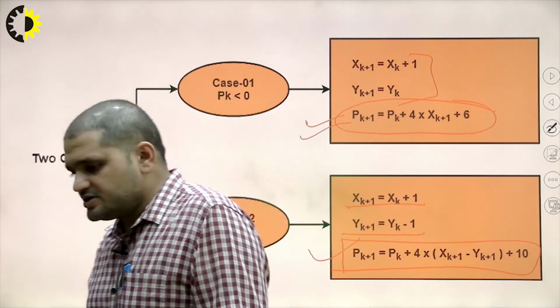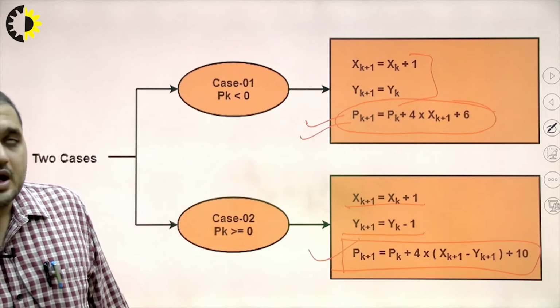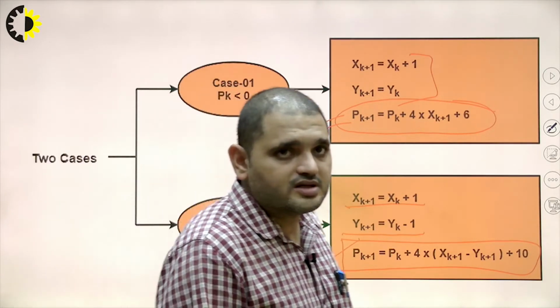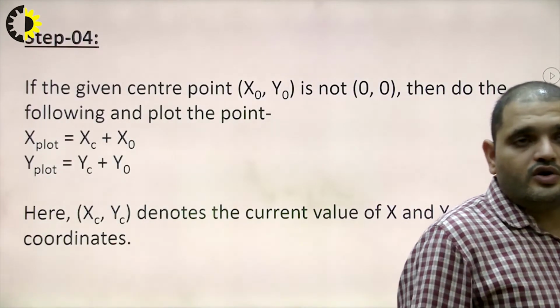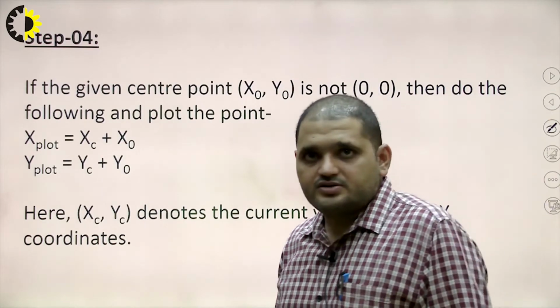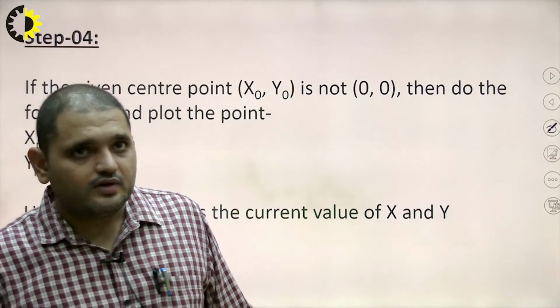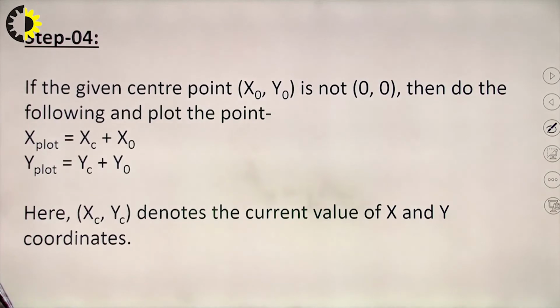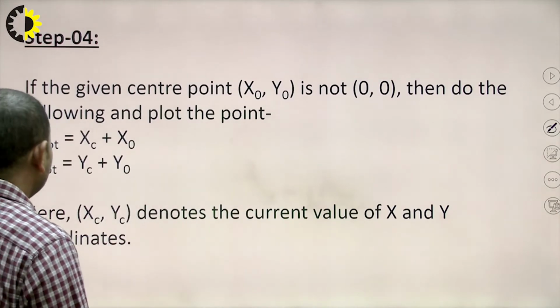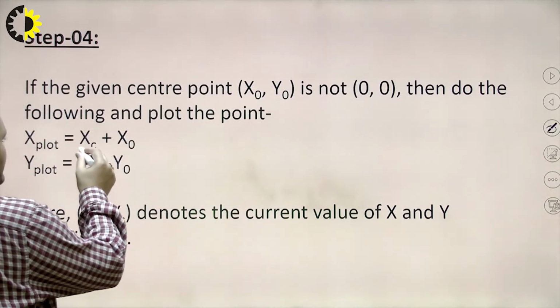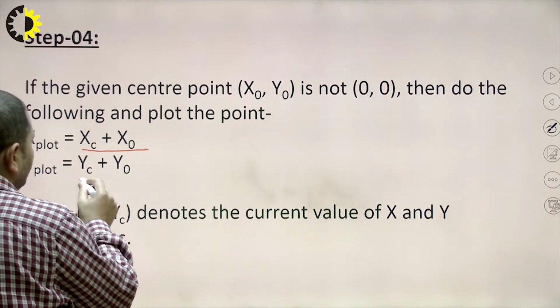You will learn these points by practice only, and we will do 1 or 2 problems on this. So if the given center x0 y0 is not 0 0, then we have to do the following. We will just add those centers, it means x plot y plot equals xc plus x0 and yc plus y0.